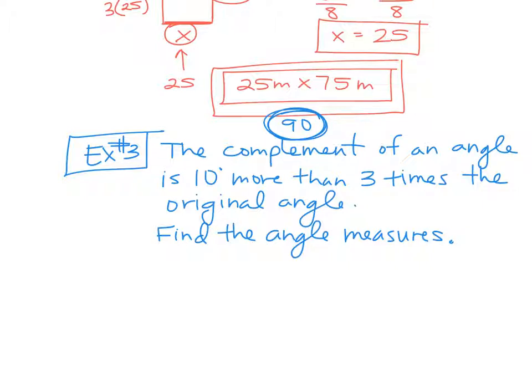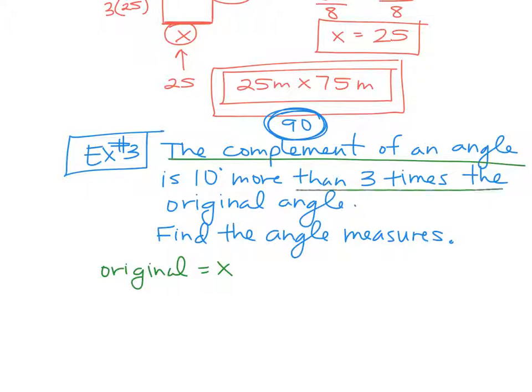So what you're going to do here is set up an equation, variables first of all. Let's just call your original angle x. If my original angle is x degrees, then what is the complement based on what you see here?